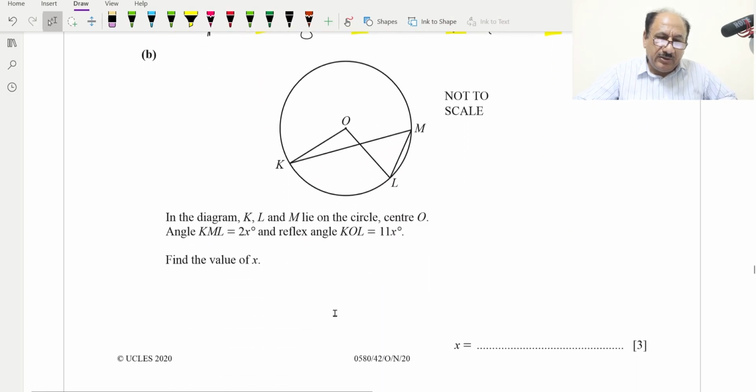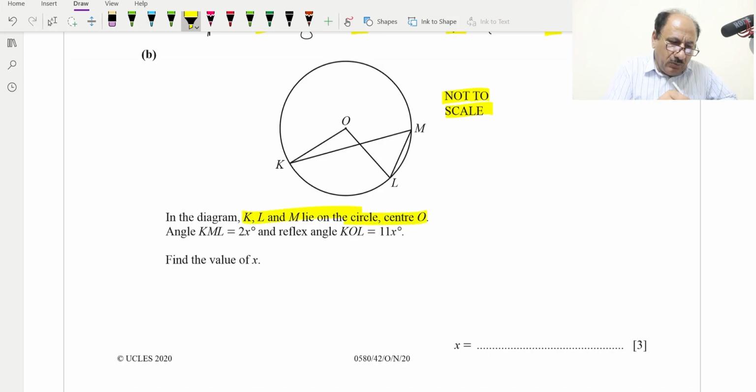Now the B part. The diagram again is not to scale, and they are saying in the diagram K, L, M lie on the circle with center O. Angle KML is equal to 2x. KML is this angle, so this one is basically 2x.